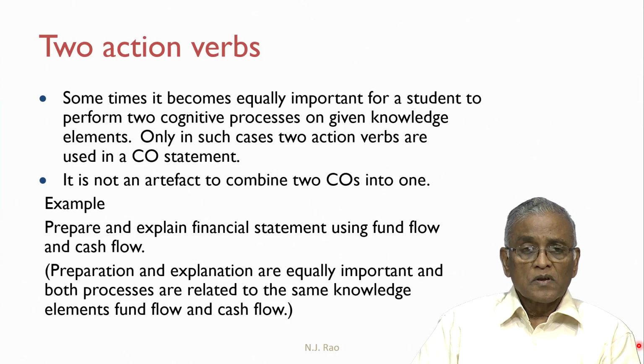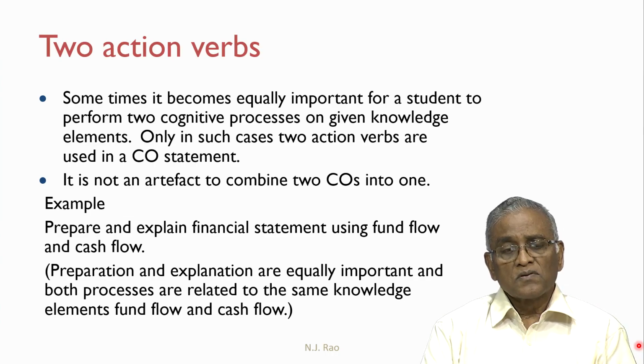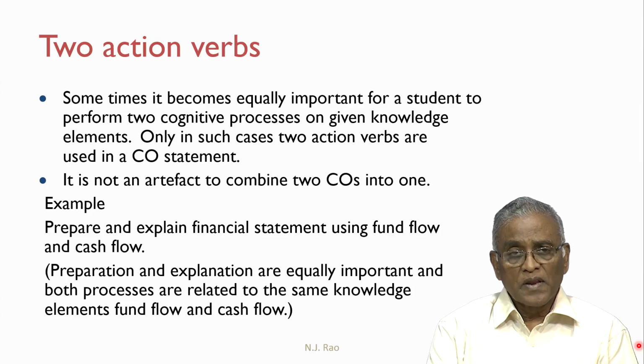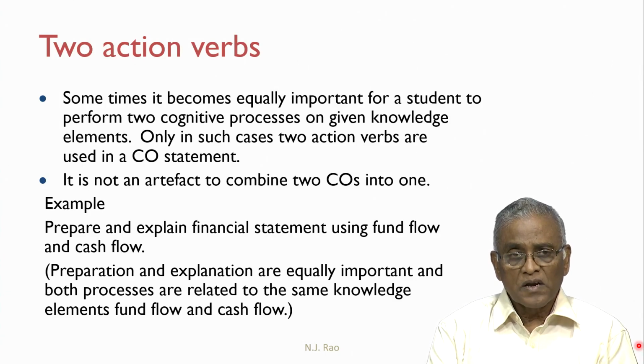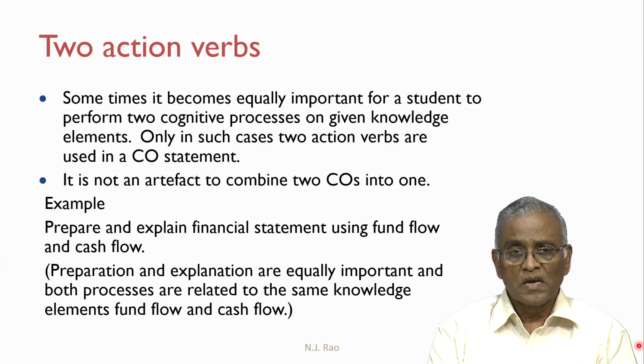Now, there has been a bit of controversy. Around the world, when you look at how these are written, in some cases they use multiple action verbs, sometimes 2 and dominantly 1. So, our current position is that the need for using more than one action verb is not very common. If you write well, one action verb can take care of most of the situations.